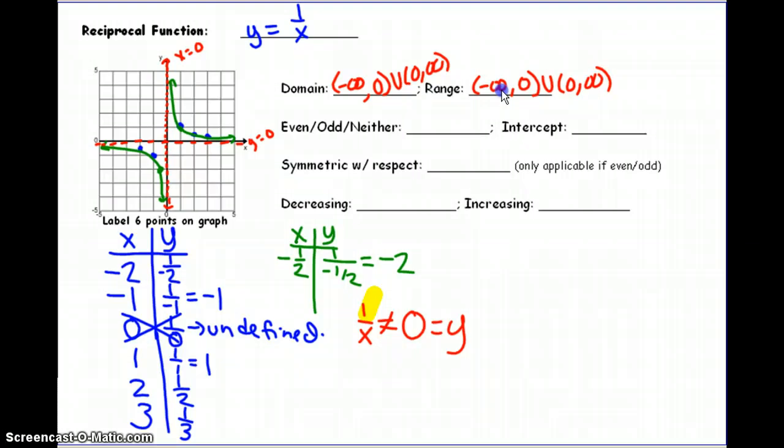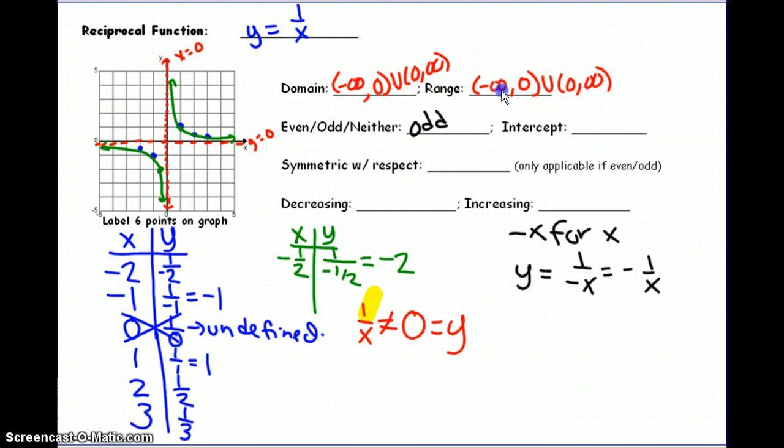When I test to see if this is even, odd, or neither, and I plug in -x or x, I get my function to be of opposite sign, so it is odd, which is symmetric with respect to the origin. I don't have any intercepts because it never touches the x or y axis.